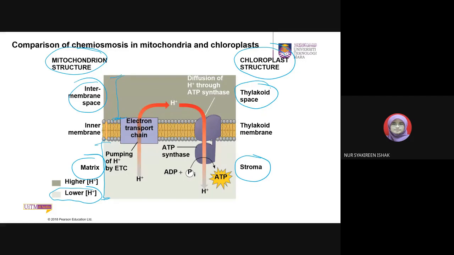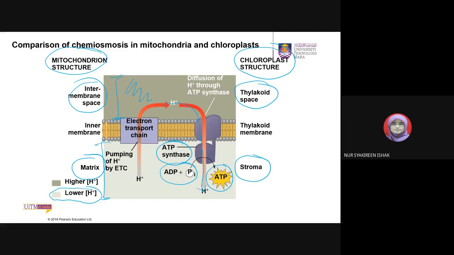So ingatlah yang tu. Okay, so pergerakan from low to high require energy. Energy datang daripada mana? Transfer of electrons along the ETC. Bila dia dah accumulate dekat the dense area, so dia akan diffuse back into the lower concentrated area of hydrogen ions through ATP synthase. ATP synthase synthesizes ATP daripada ADP and also inorganic phosphate.